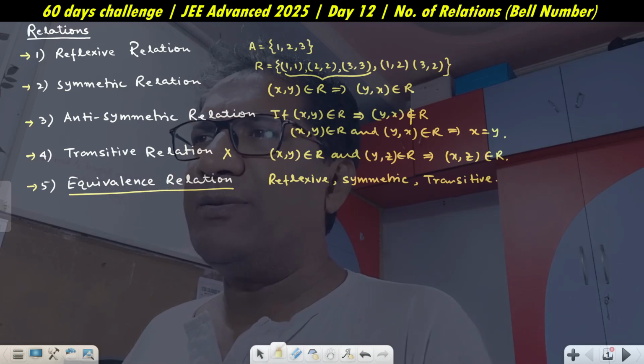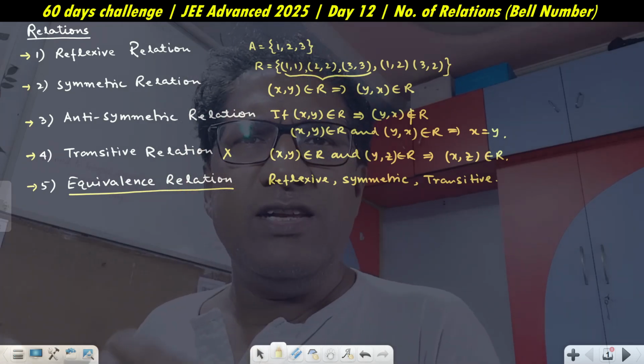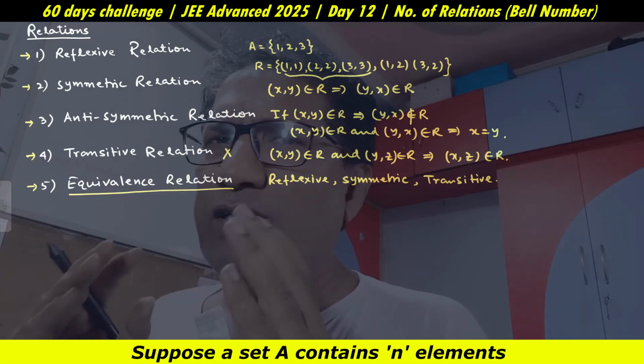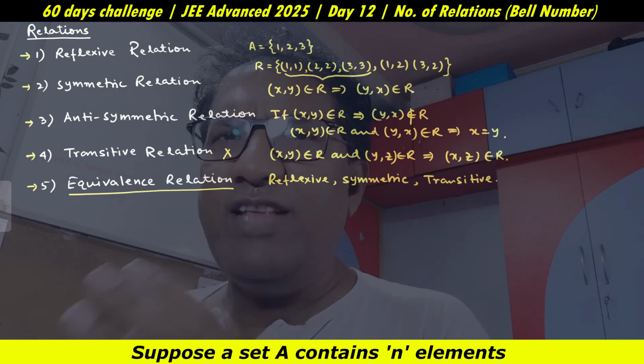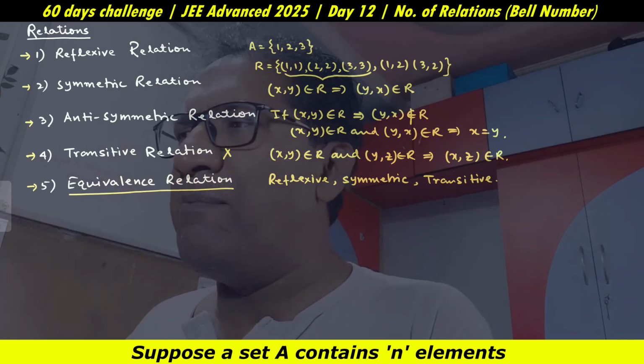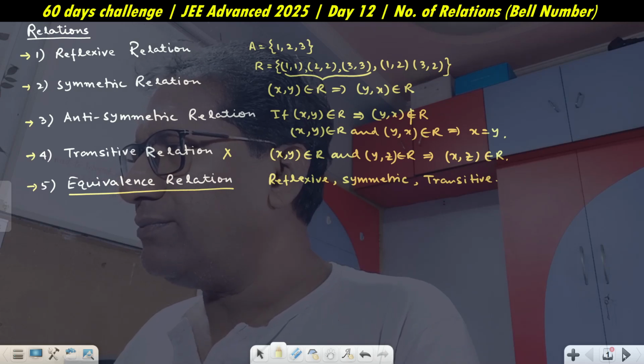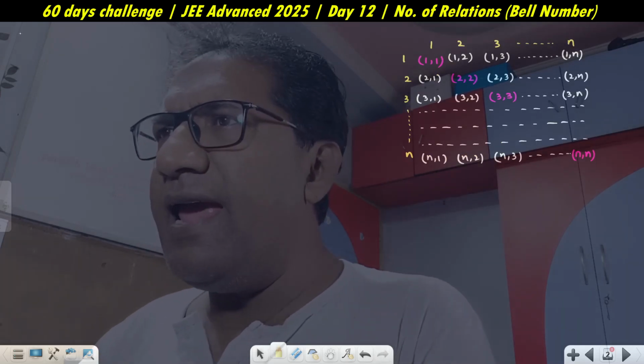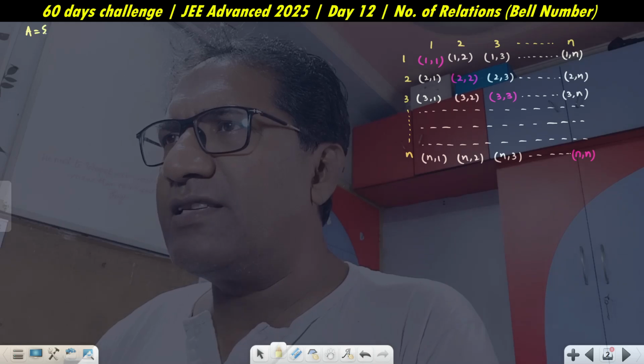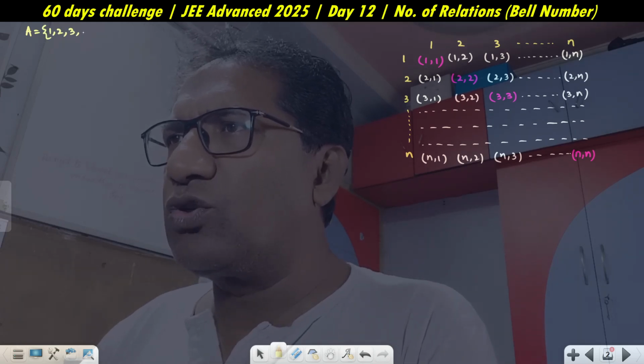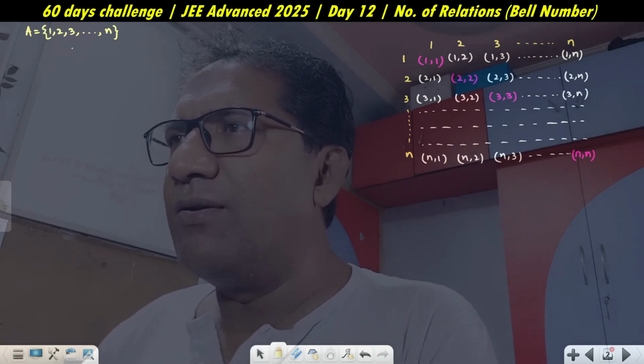To know that, you have to understand one matrix. Suppose there is a set A which contains n elements, like let me say A is a set of elements 1, 2, 3 till n, okay?